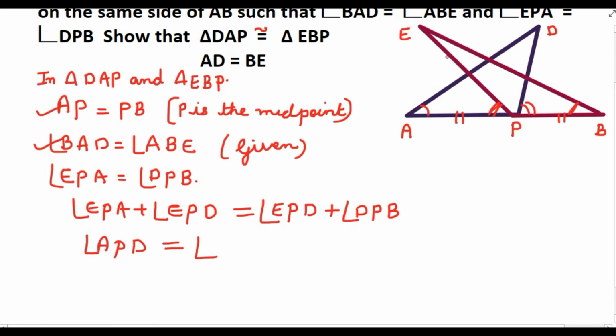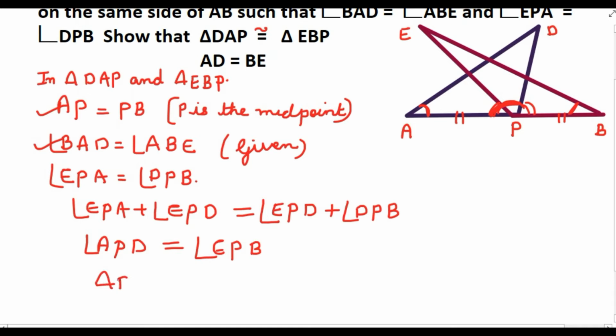In the same way, EPD plus DPB will give you the full angle EPB. Now we got three parameters for this triangle. This angle is equal, this angle is equal, and one side included between these two angles is equal.